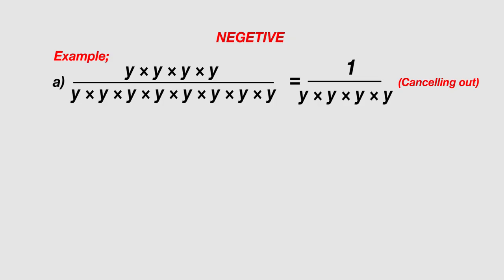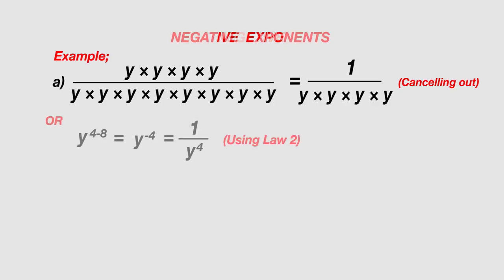On the other hand, we can use the second law of division to work this question. That will give us y raised to the power 4 minus 8. That gives us y to the power negative 4. So we are saying that y to the power negative 4 is the same as 1 over y to the power 4.